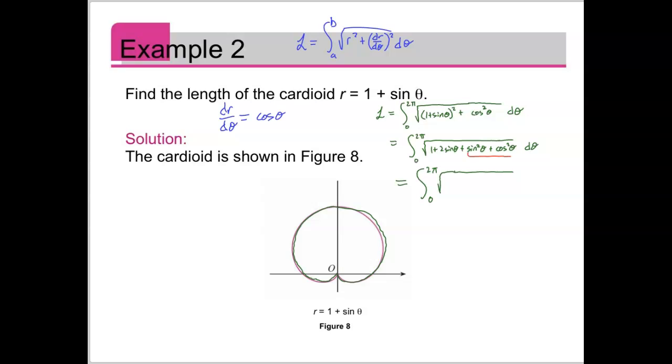Remember, sine squared plus cosine squared is just 1, so I end up with 2 plus 2 sine theta d theta.